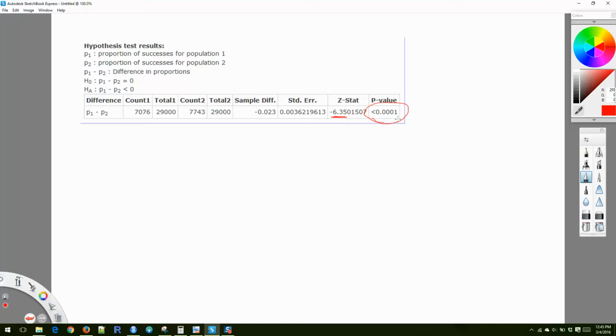So is it possible that the proportion of obese people hasn't changed and we just happened to get these crazy samples? Technically, nothing is impossible, okay? But it's so incredibly unlikely that we are going to say, I'm almost certain it didn't happen by random chance. I'm going to reject the null hypothesis.